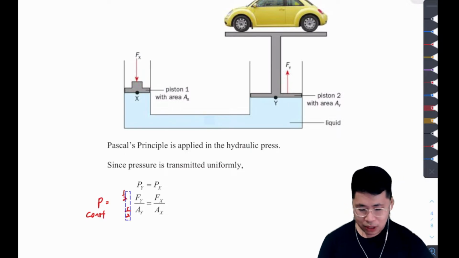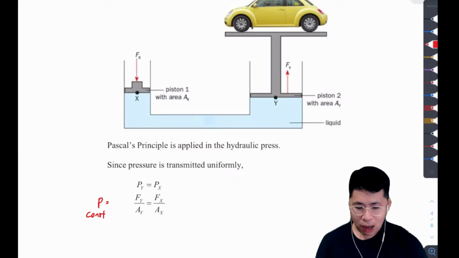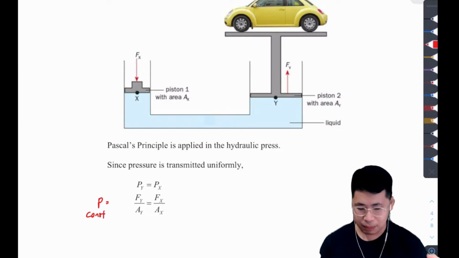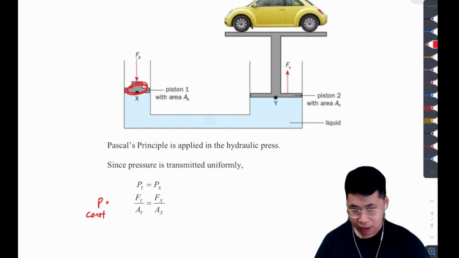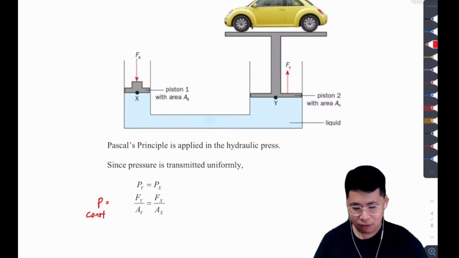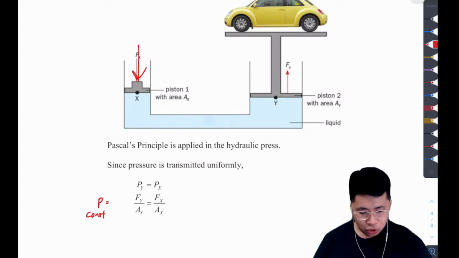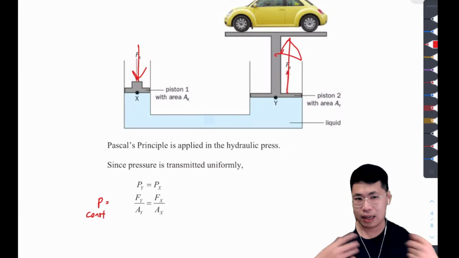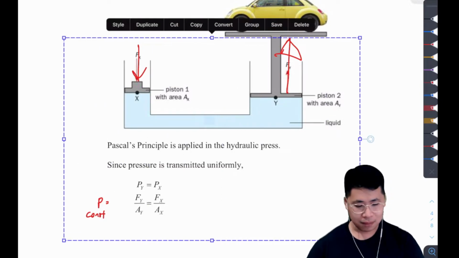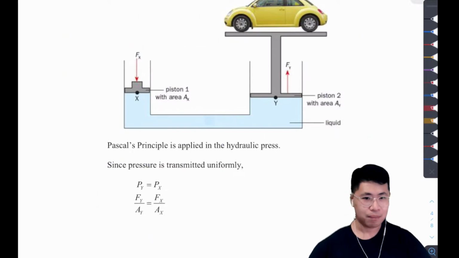This is because you want to keep the pressure constant. So the first immediate application of this whole setup is you don't need a big force at the first area to generate a super big force at the second area, just by changing the area or the size of the piston.